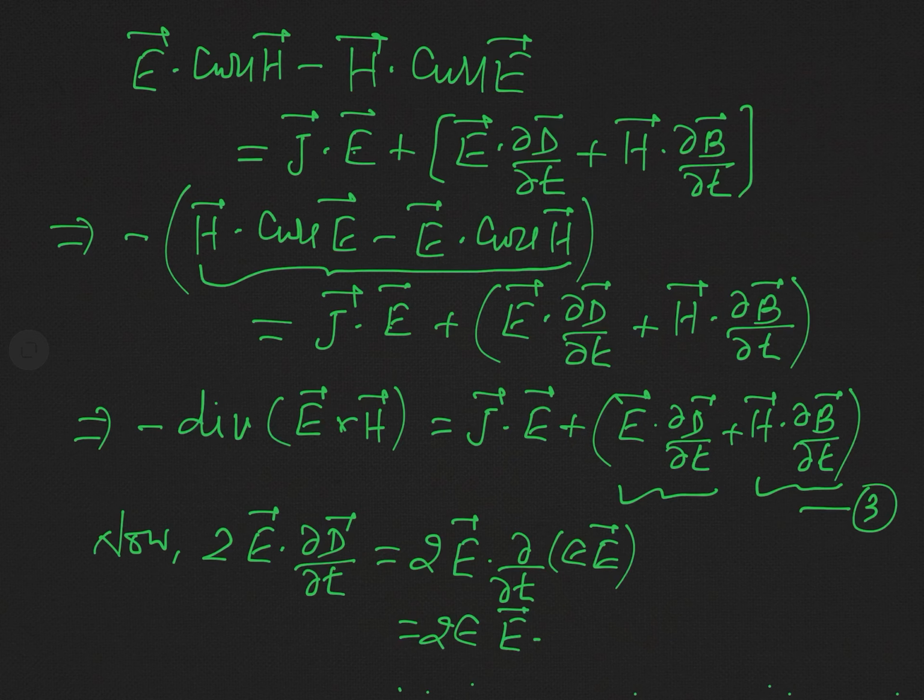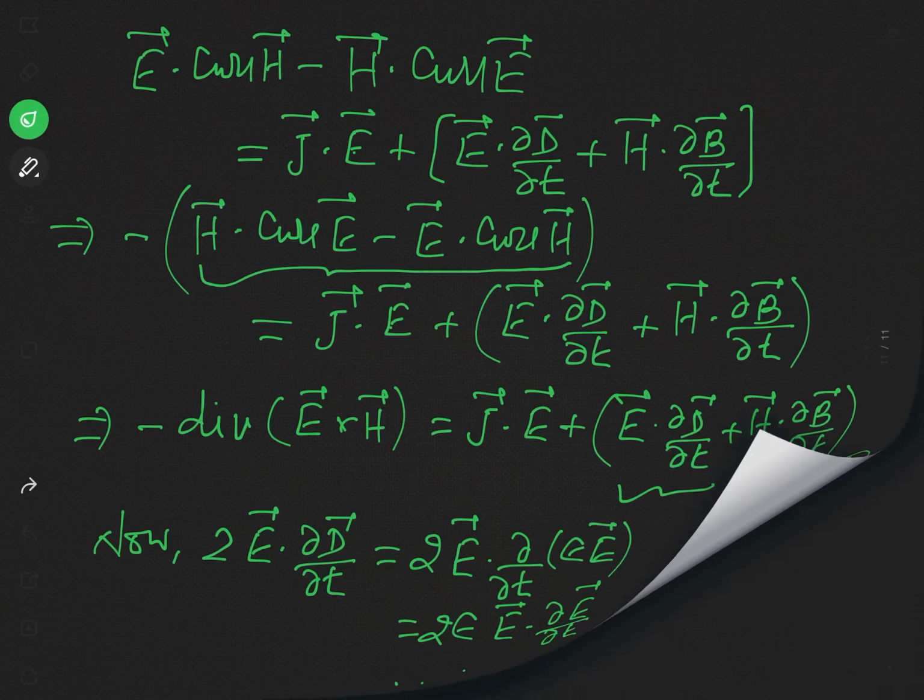So you can write it 2 epsilon E dot del E by del T. We can write it in this way. Now let us further simplify it. What was in LHS?